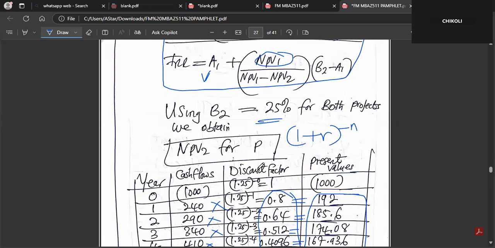When you're substituting in the formula for IRR, this percentage that we put, I've seen here you have changed them to decimal places.